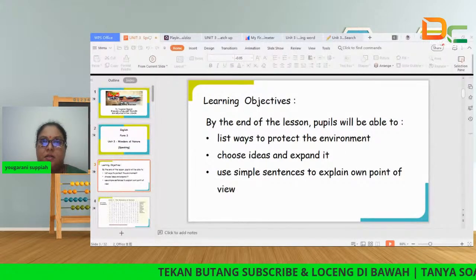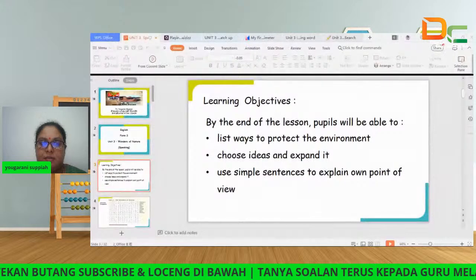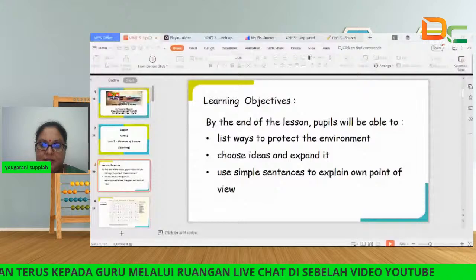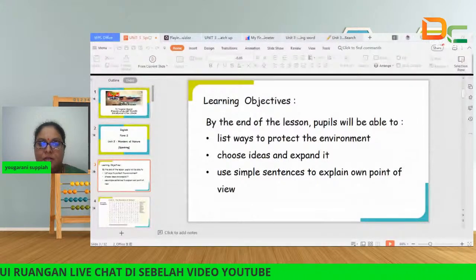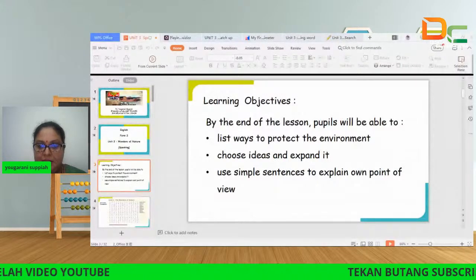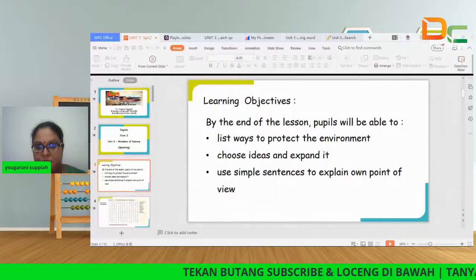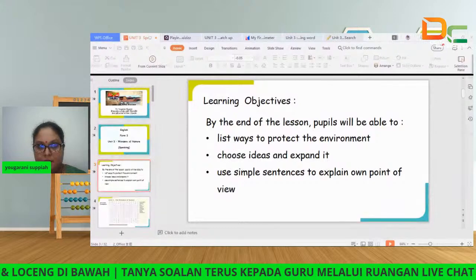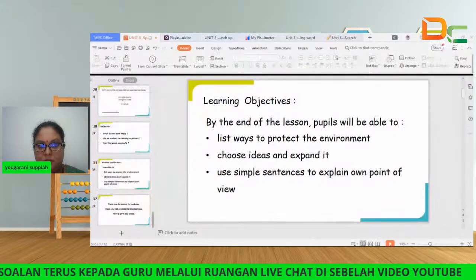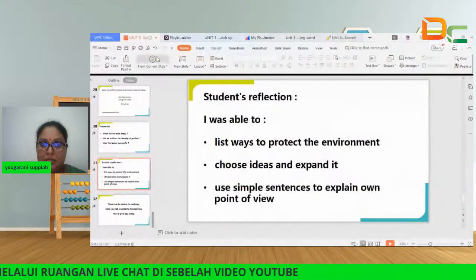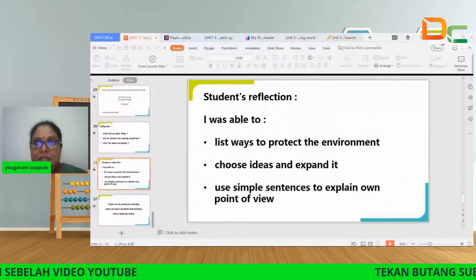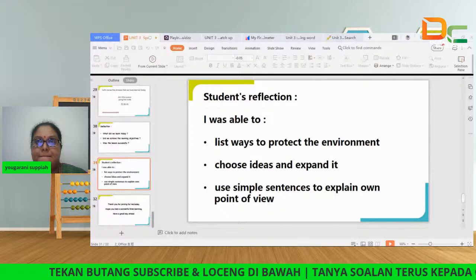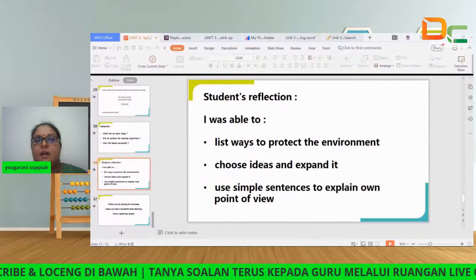Okay, our objectives were: number 1, list ways to protect the environment. Second objective, choose ideas and expand it. Use simple sentences to explain own point of view. So, what I want you to do is to reflect. Okay, for students, I want you to reflect.